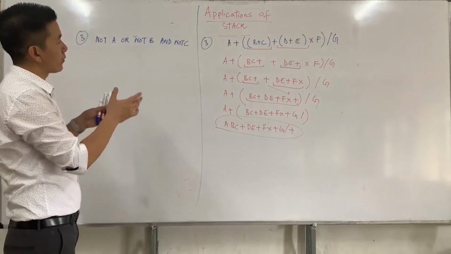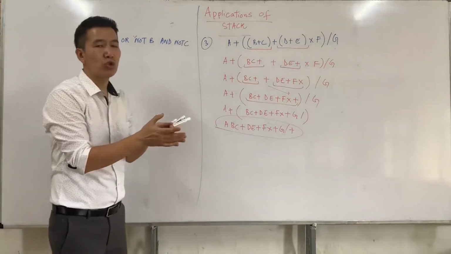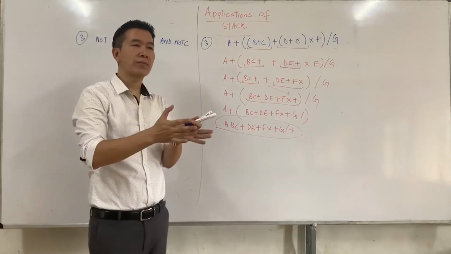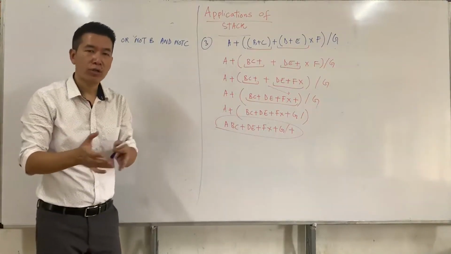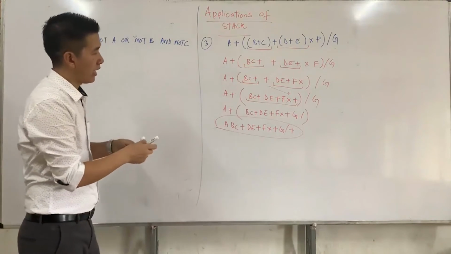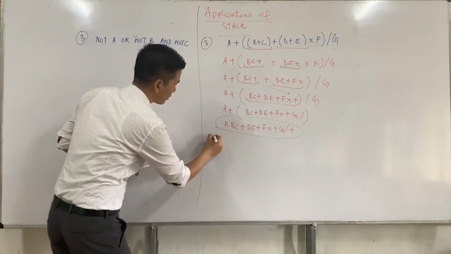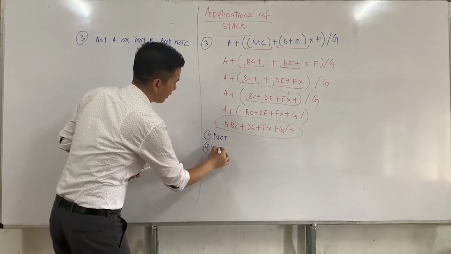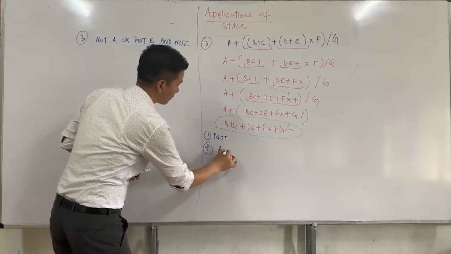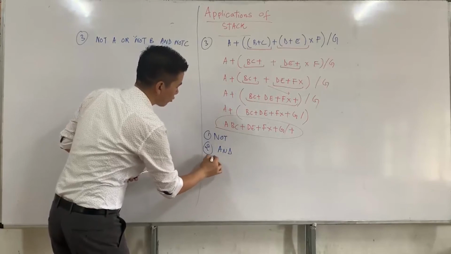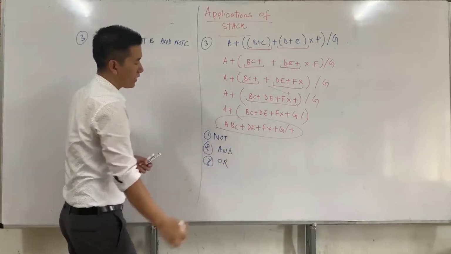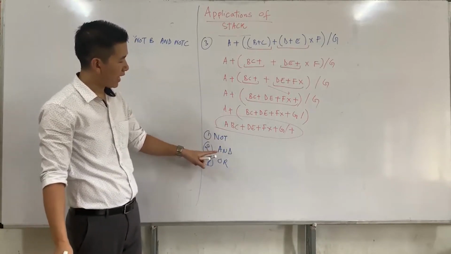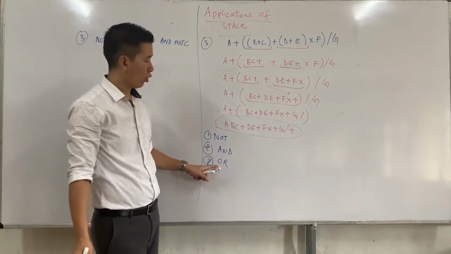So again, just like you have the evaluation order for the arithmetic operators, you have a certain evaluation order for the logical operators, and that is: not comes first, and then followed by and, and then finally you have or. Not, and, or. So not is the first one in line, followed by and, then finally you have the or.